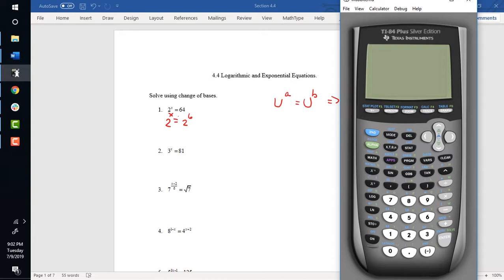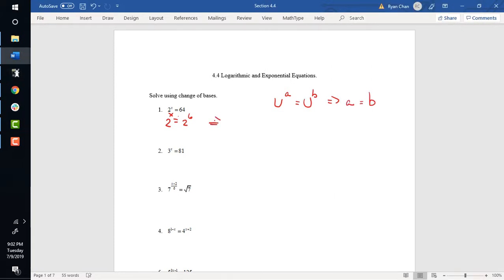Just type it in and see if it works. And it does right here. So you just keep plugging it in until you get it if you forgot certain powers. So then you realize this is just x is equal to 6. You see that because they both have the same base, so that means their exponents must be set equal to each other.